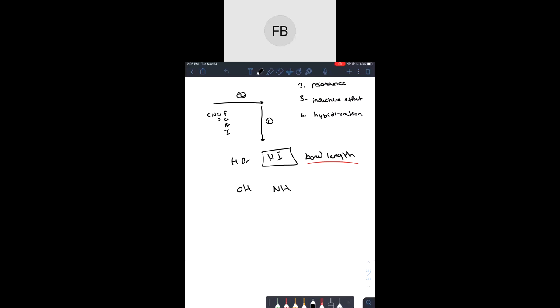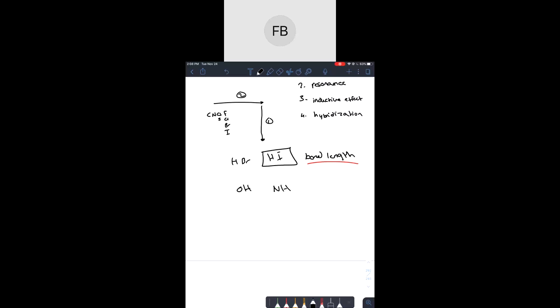So essentially, you see that O and N are right next to each other in the same period. Basically, that means that they have similar bond lengths because bond lengths are shared across this way.